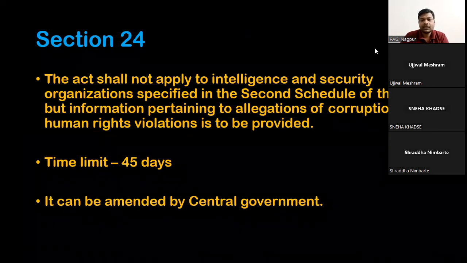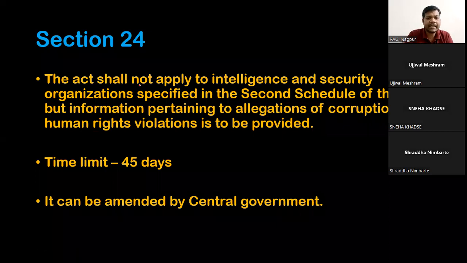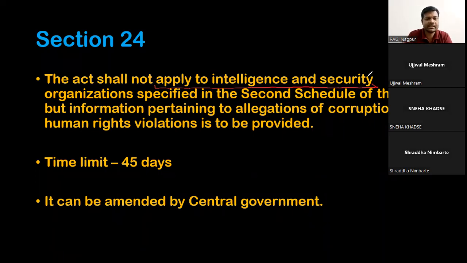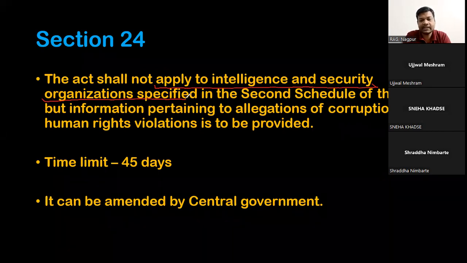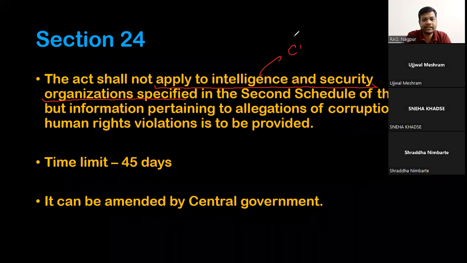Section 24 says this Act shall not apply to intelligence and security organizations, just like the NIA, not CBI. CBI is under the purview of RTI.